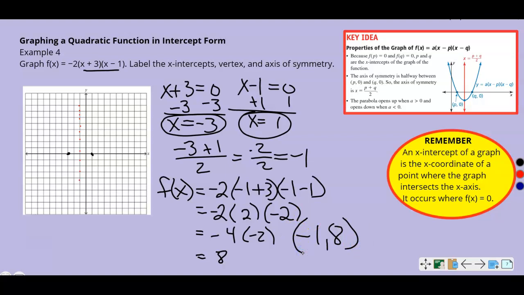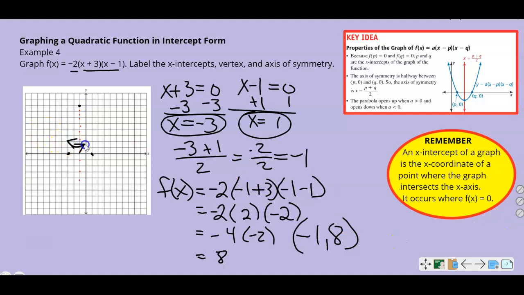would be my vertex. Now, that means my parabola is going to be upside down. Does that make sense with my a value? My a is negative. So yes, it's going to have a maximum value, and the parabola will be upside down. So we're going to go negative 1, up 8, and that's going to be my next point.